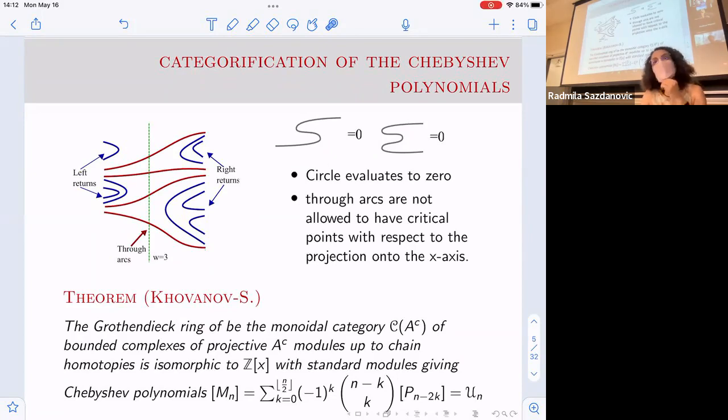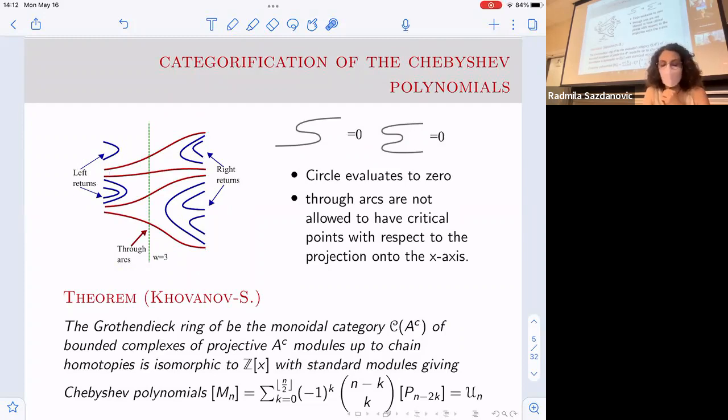So what we can do, in an approach that has the same flavor as the approaches we're going to be using today, is actually categorify these Chebyshev polynomials. We're going to consider diagrams of this type. Again, I've turned them left to right here just because I'm used to them this way.